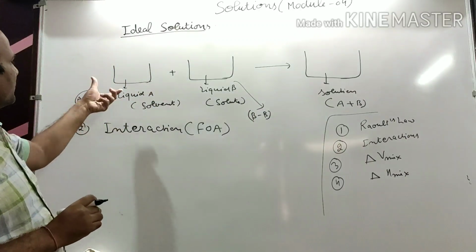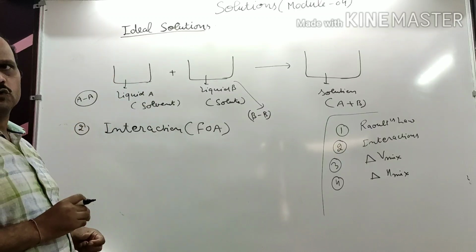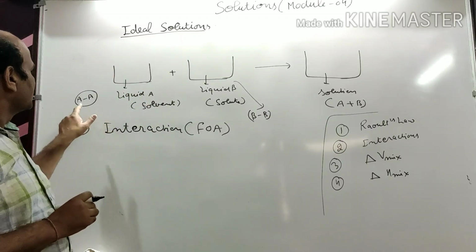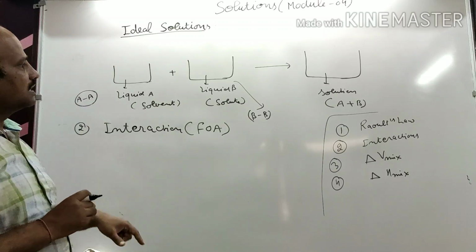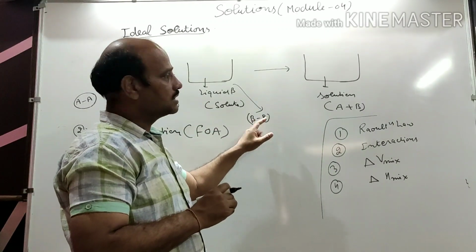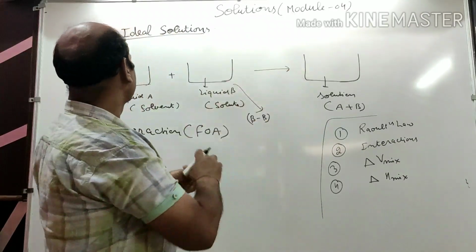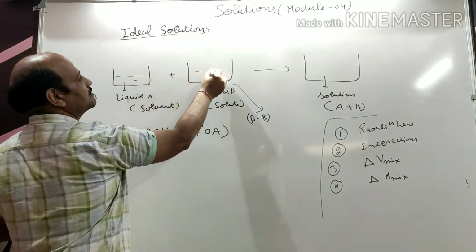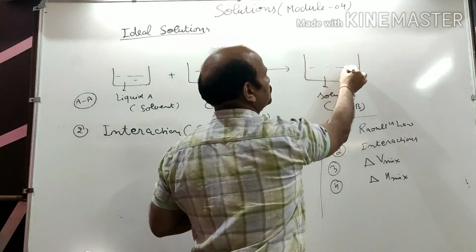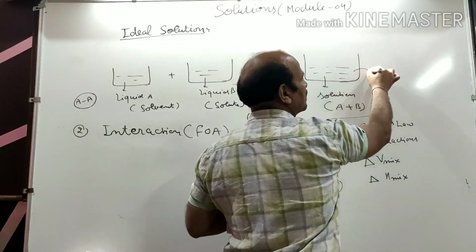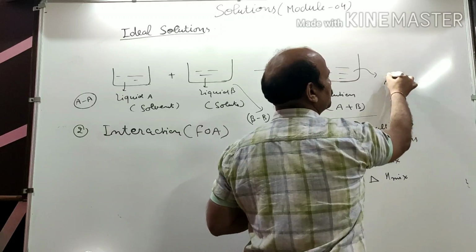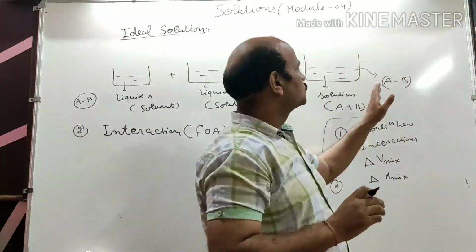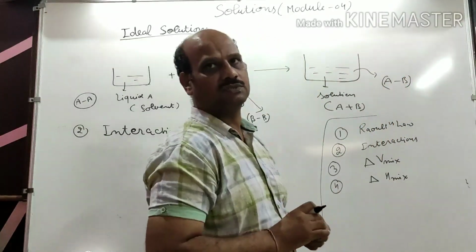When you take pure solvent A, there is an interaction between solvent molecules, and in pure solute there is an interaction between solute molecules. Now after mixing, there is a solution, and another kind of interaction appears, the AB interaction, the interaction between solute and solvent.